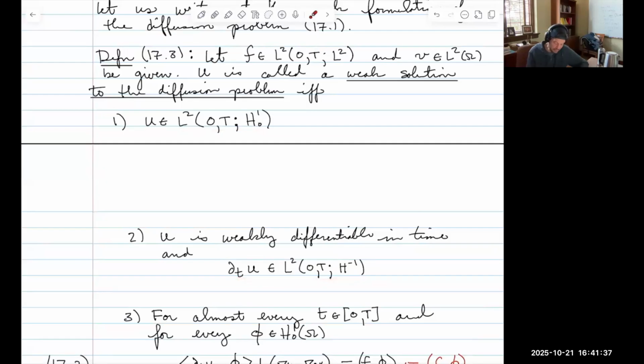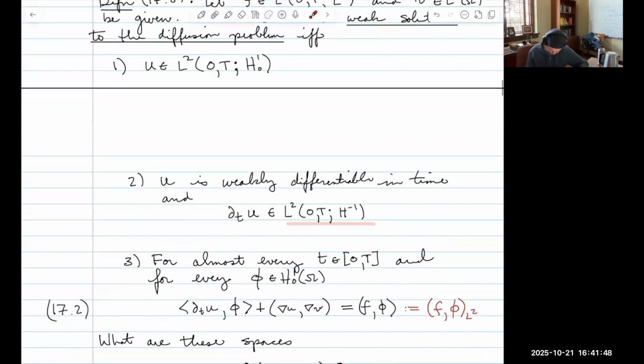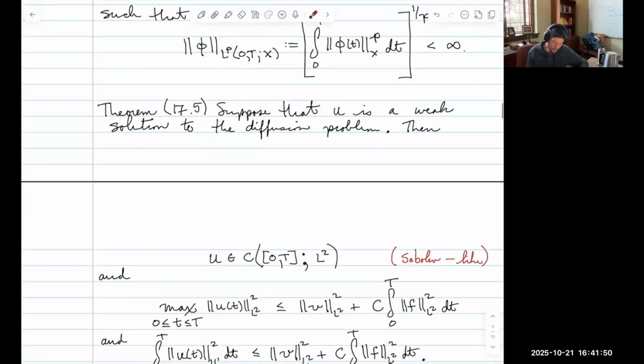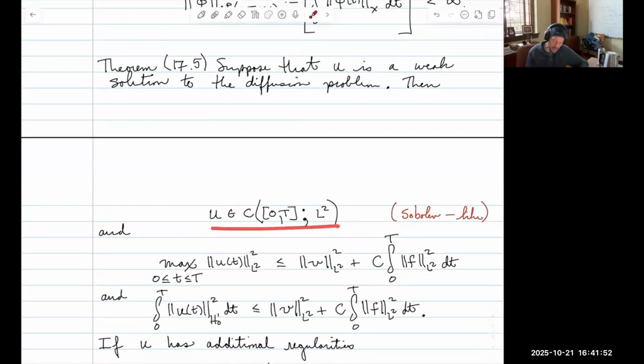It turns out if you have a function that is in L2, 0t, H01, and its weak derivative exists and is in this space, then the function itself has to be in this space. That's a Sobolev-like embedding. It's a continuous function from 0 to t into L2.